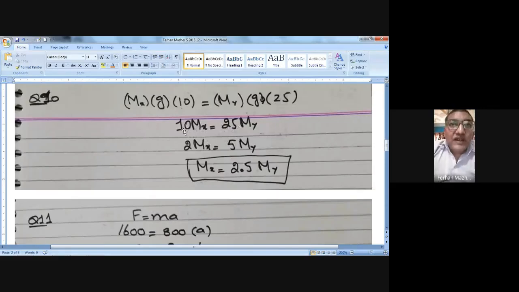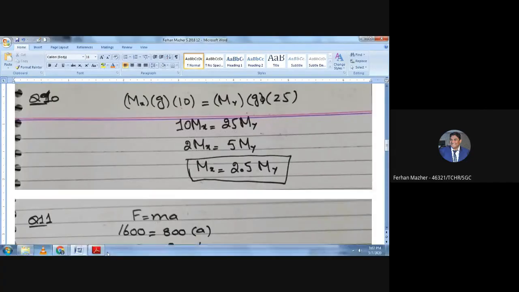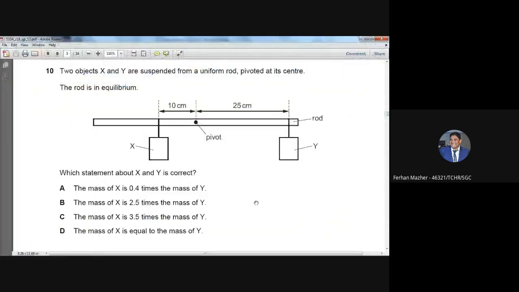So cancel both sides by 5: 2 mx equals 5 my. So the 2 will go to the other side, divide: 5 divided by 2, it will be 2.5. You see, the mass of X is 2.5 times the mass of Y. Look at the options given. The mass of X is 2.5 times the mass of Y. So B is the option. Question number 10, B is the option.